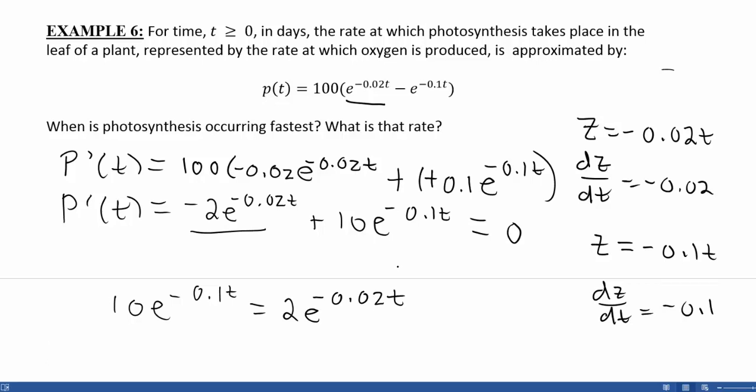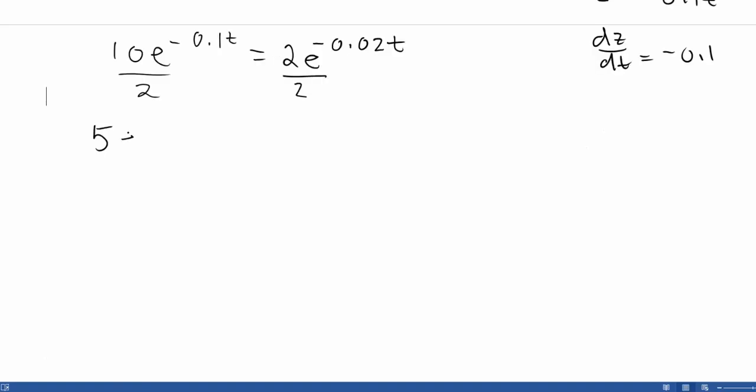Now, I want to try to combine like terms. So I'm going to divide both sides by 2. That's going to simplify my constants. In doing that, I'm going to get 5 e to the negative 0.1t equals e to the negative 0.02t.